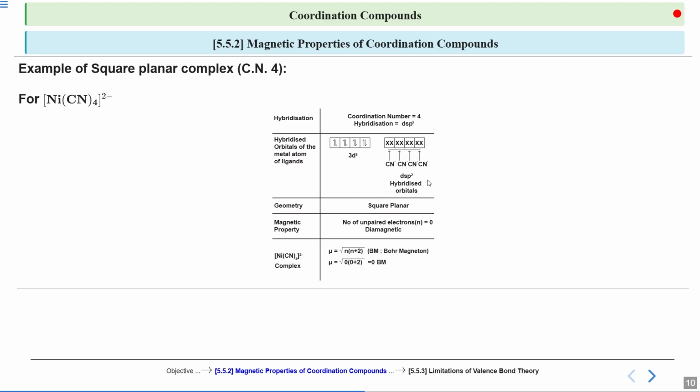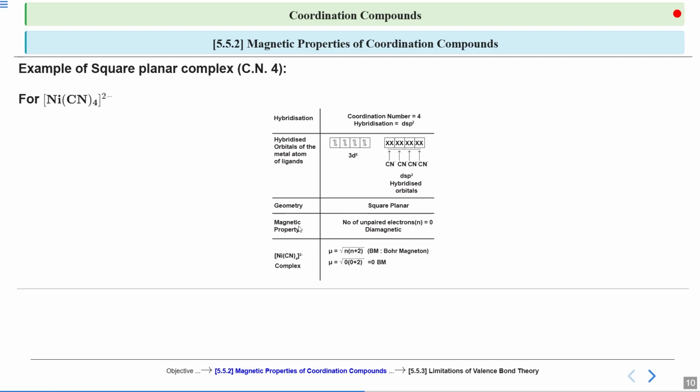For the dsp2 hybridized orbitals, the geometry is square planar. These hybridized orbitals arrange themselves in a square planar manner in 3D space, exhibiting square planar geometry for this complex.